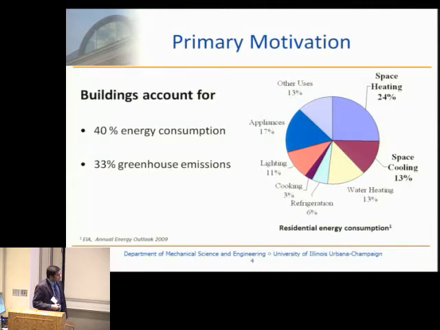And if you look at a typical building, now this is end-use energy consumption for a residential building, we see that space heating and cooling together account for around 35 to 40% of total energy consumption. So this shows that there is an opportunity: if we make these heating and cooling systems more efficient, we can create a significant impact on the energy and emission scenario overall.